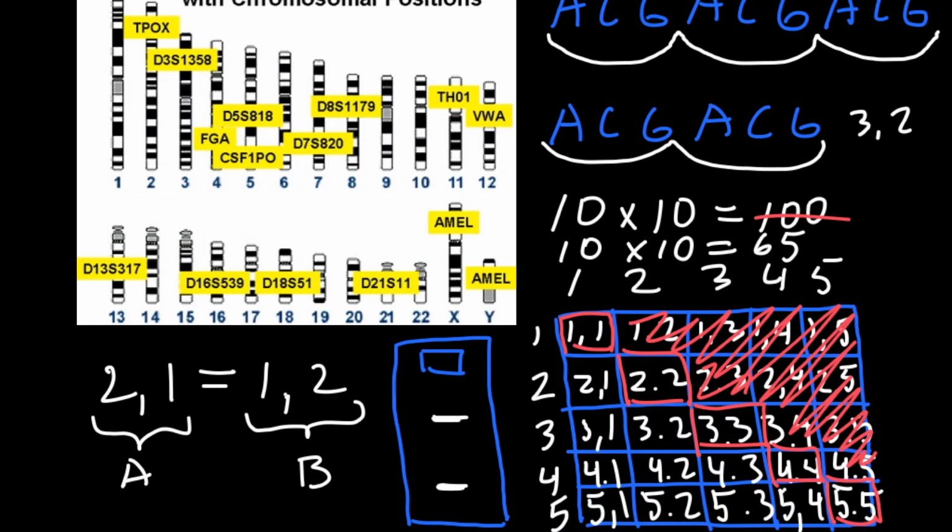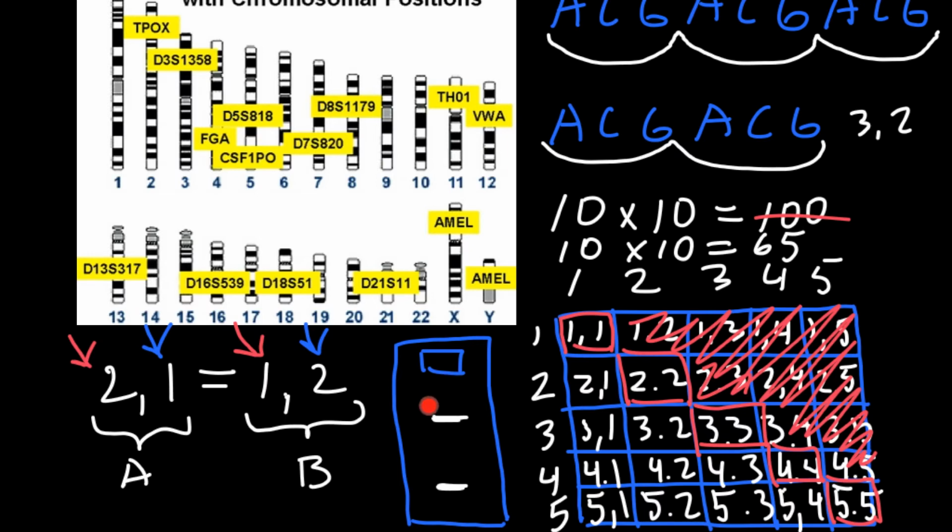One more time, if person A got this allele with 2 repeats from the mother side, if person B got this allele also from the mother side but with 1 repeat, and if person A got this allele from the father side and person B got a different allele from the father side, when we run a gel, these two genotypes would look for us identical.